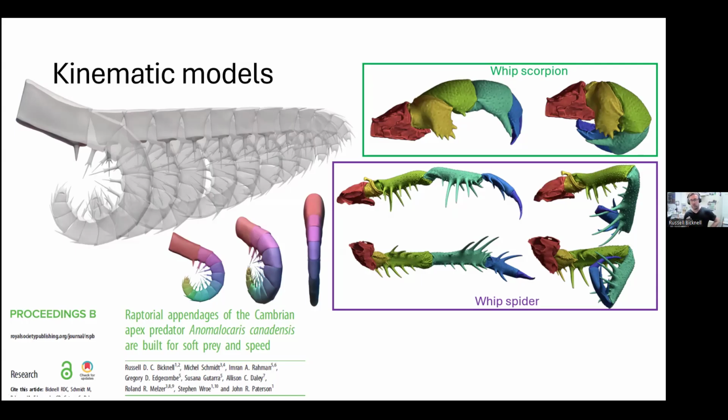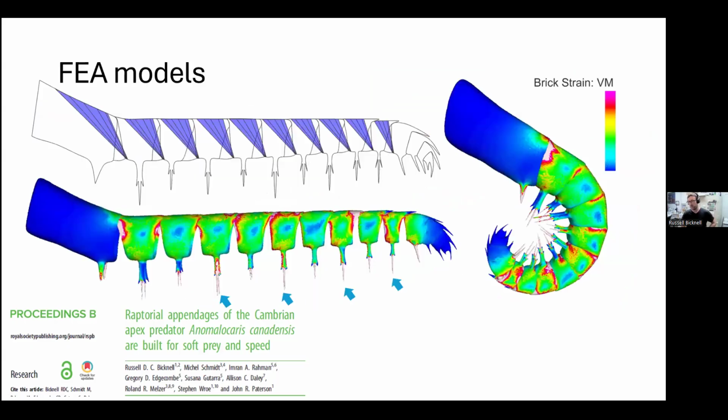Anomalocaris canadensis, one of the first predators, was using its anteriorly directed raptorial appendages to grab prey, but was it able to grab trilobites? Was it able to grab animals that had a biomineralized exoskeleton, effectively a literal suit of armor? Well, that's where our biomechanics, our finite element analyses, come into the question.